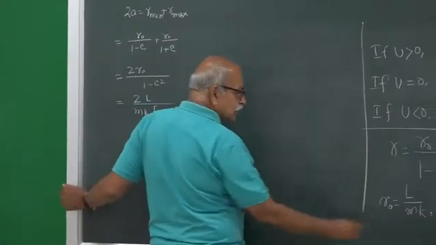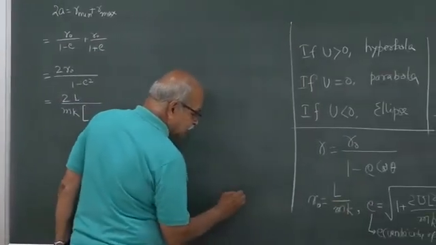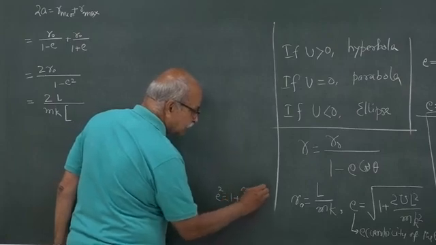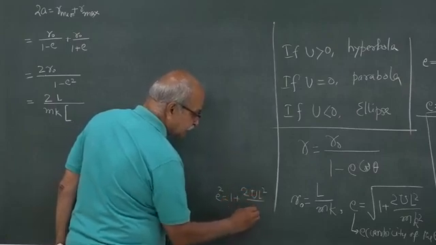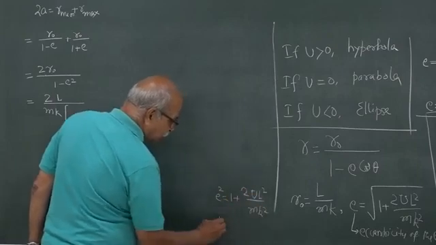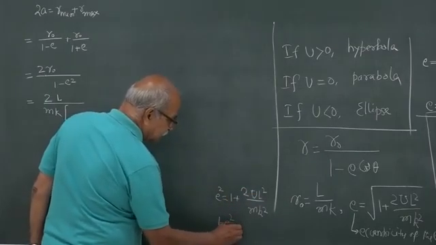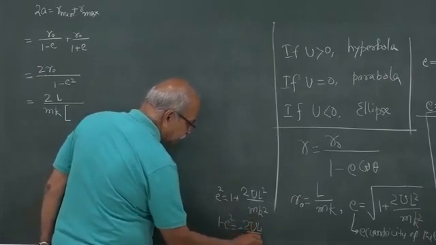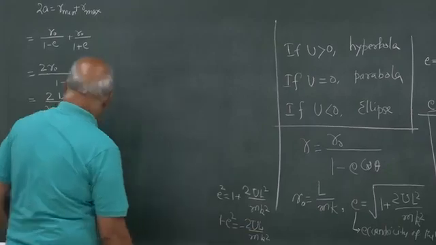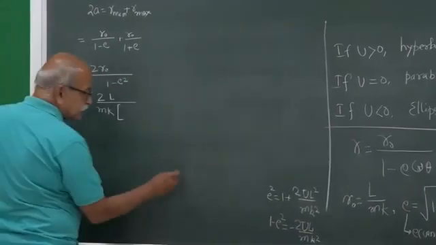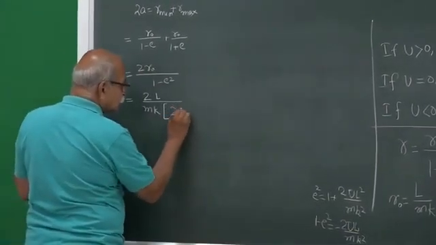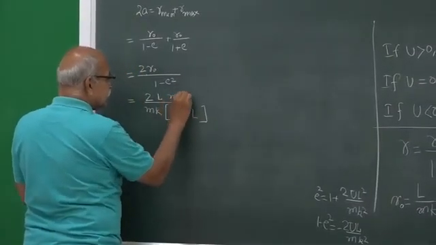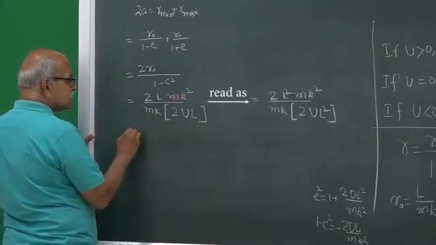What is 1 minus E square? E square is equal to 1 plus 2 u L square divided by m k square. So, 1 minus E square is equal to minus 2 u L square by m k square. So, right here 1 minus E square is equal to minus 2 u L square and then m k square. How much is this?